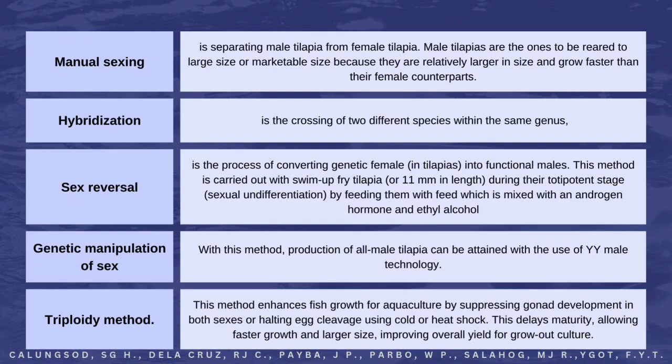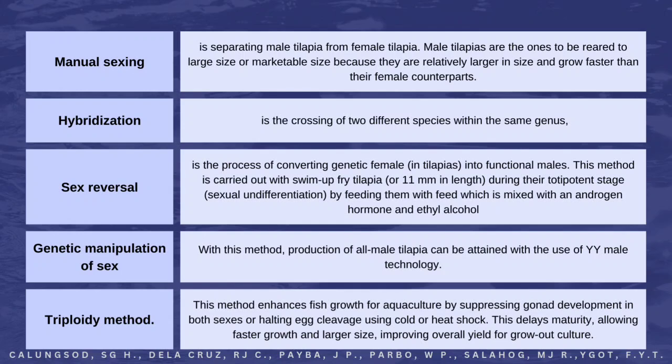Example of sex reversal in commercial tilapia hatcheries: newly hatched fry are fed a diet containing 17 alpha methyltestosterone, a synthetic male hormone, for about 21 to 28 days. This induces the development of male characteristics, ensuring an all-male population that grows faster and more uniformly. So that's the sex reversal.